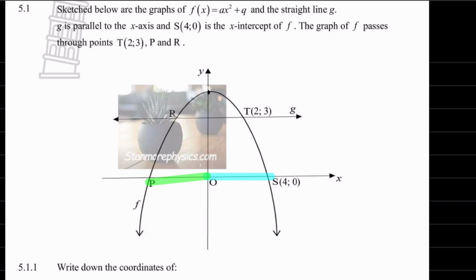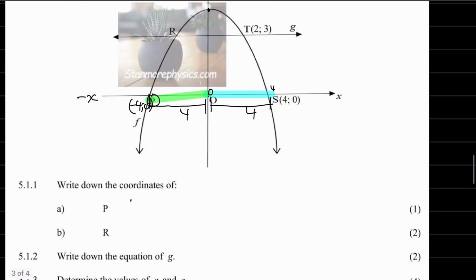What is the distance from O to S? O is my origin, so that's 0. S is 4. So the distance from here to here is 4, which means that this distance must also be 4. But since P lies on the negative x half of the Cartesian plane, P will be negative 4 and 0. Okay, so the coordinates of P, negative 4 and 0.